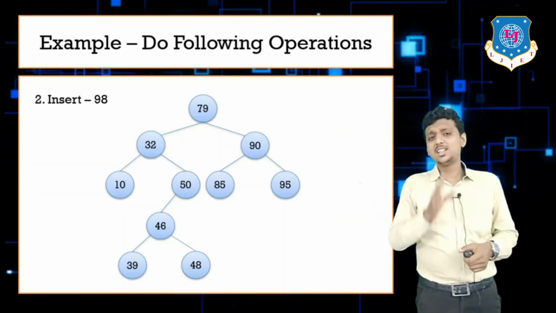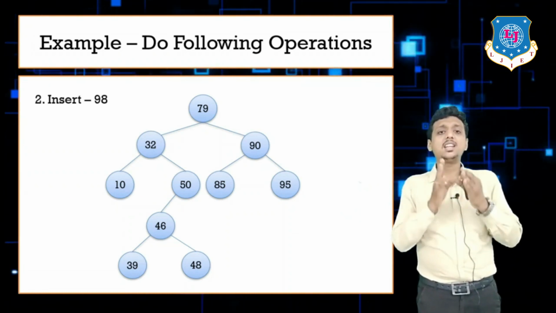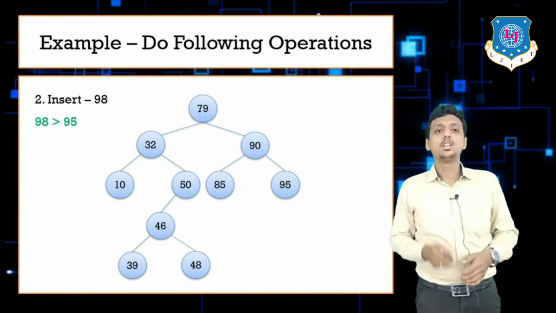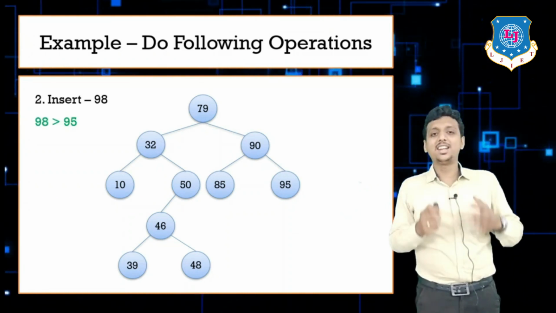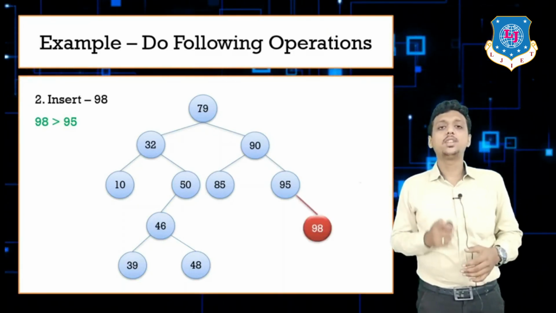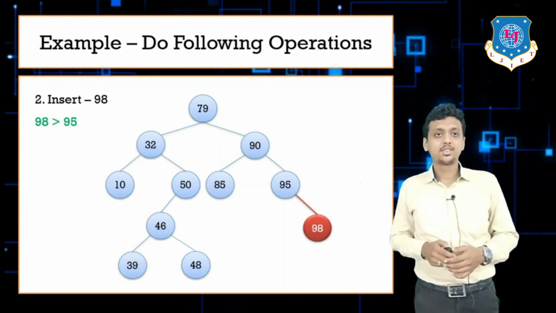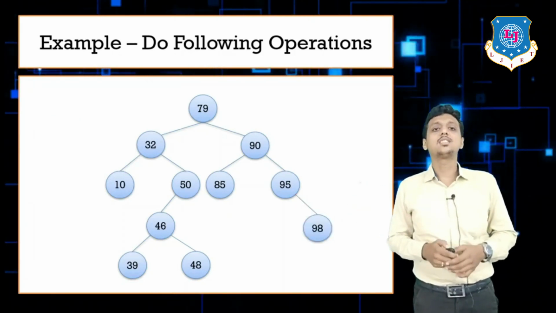Now 98 is greater than 90, so again move towards the right side. 98 is greater than 95, so I need to insert 98 on the right side of 95. Okay, so it is inserted like this. Fine, so this is my answer.